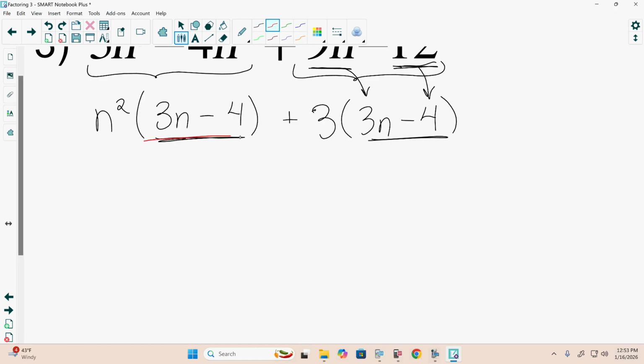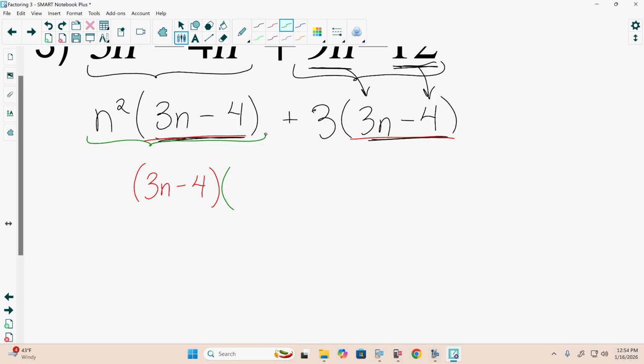Now we have 3n minus 4 in common in both terms, which means we can factor it out of both terms. We can divide it out of both terms. We can remove it from both spots. If we remove it from this first expression, we factor it out of our n squared times 3n minus 4.